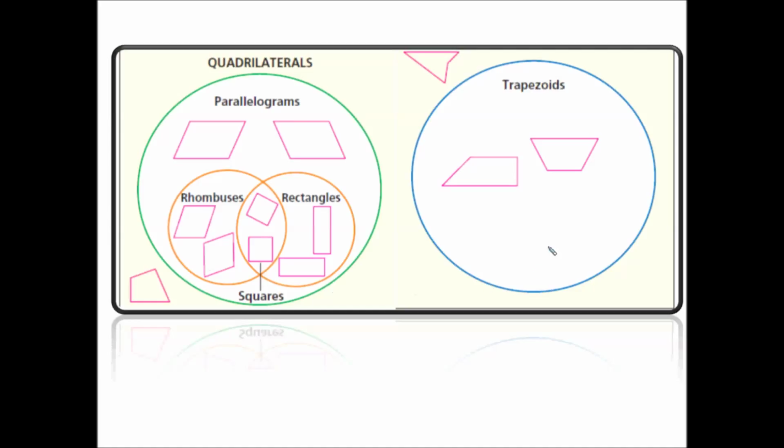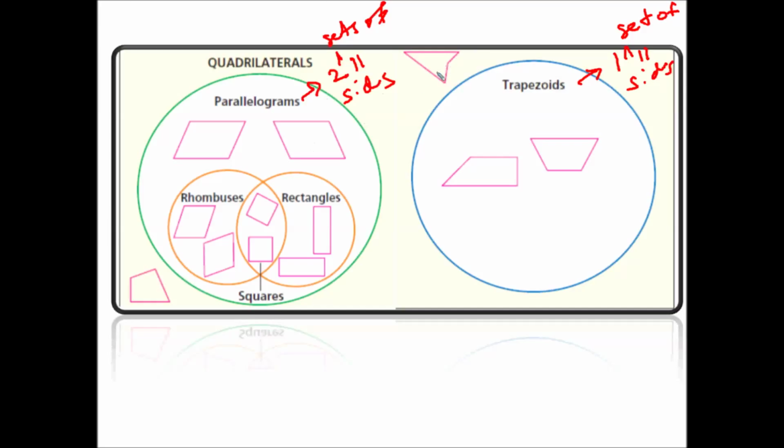Okay, so here's a little Venn diagram that we did in class. You'll notice that there's this big rectangle here that represents all the quadrilaterals, and inside it has two circles, parallelograms and trapezoids. Trapezoid has one set of parallel sides, two sets of parallel sides for the parallelogram.